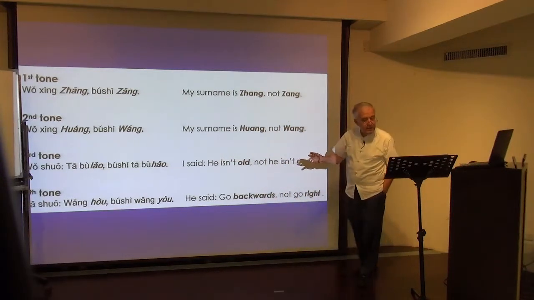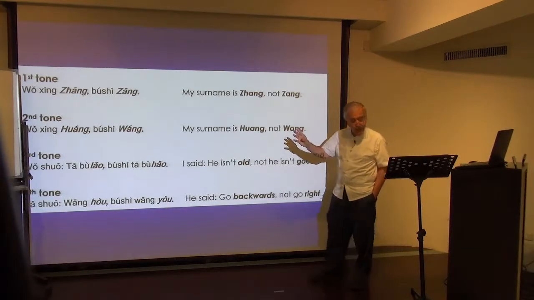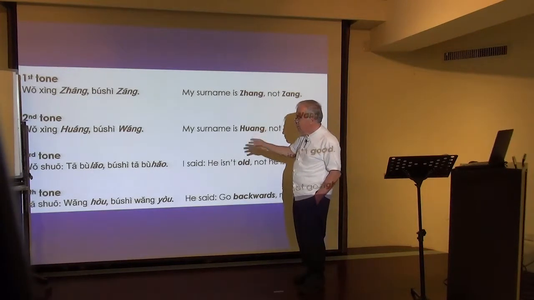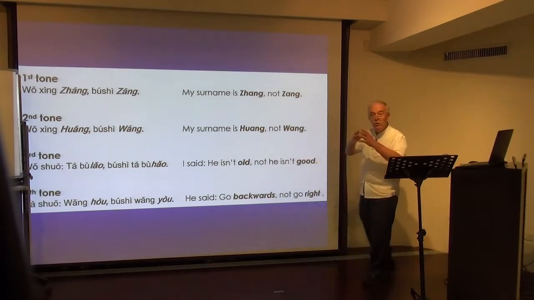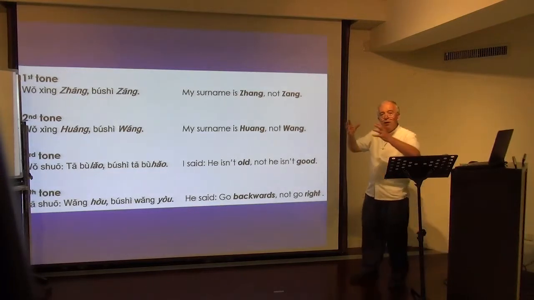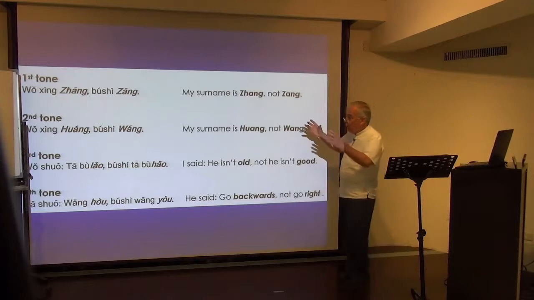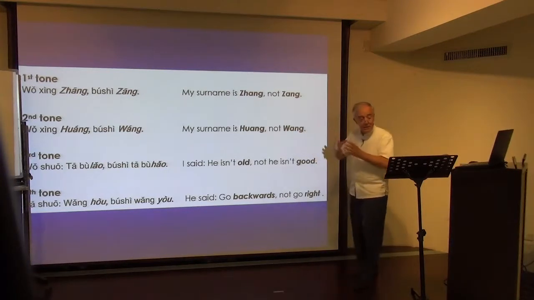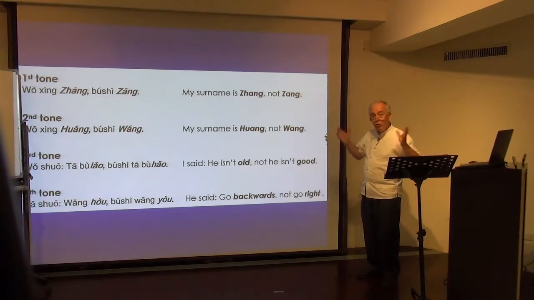That's Chinese syllable timed. But the problem is English stress time rhythm. 我说他不老，不是他不好. And the final one. 他说往后，不是往右. You see, what we're doing is we're carrying over our English stress time rhythm over to Chinese, which is syllable timed. And the problem is we lose all the beauty in our Chinese.